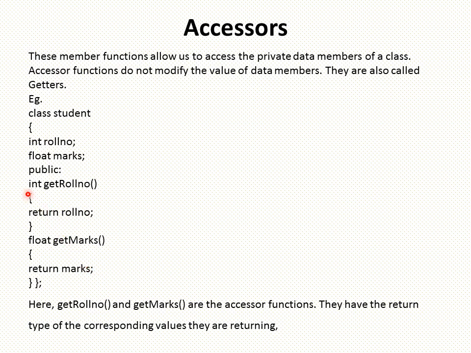If you notice the return type of these functions, it is the same as the data type of the roll number, and for the marks also it is the data type of the data member called marks. So these two functions are accessor functions. They just return the value of the private data members to the object.